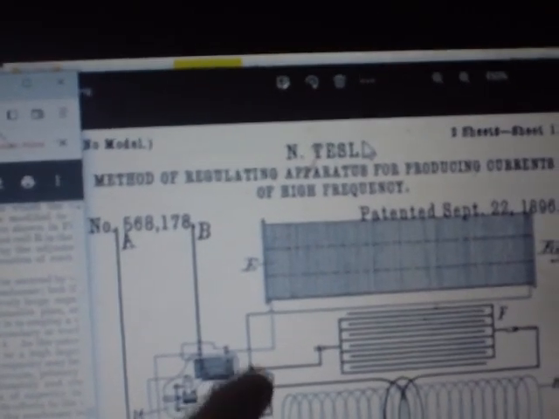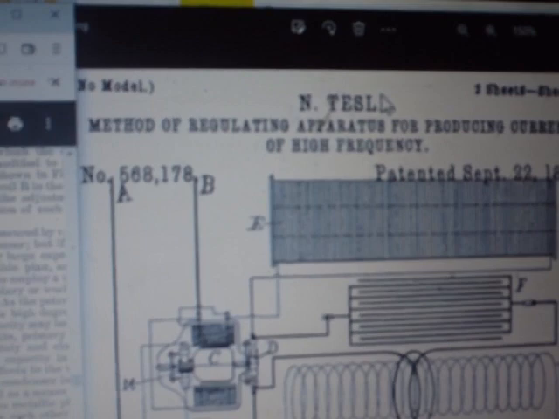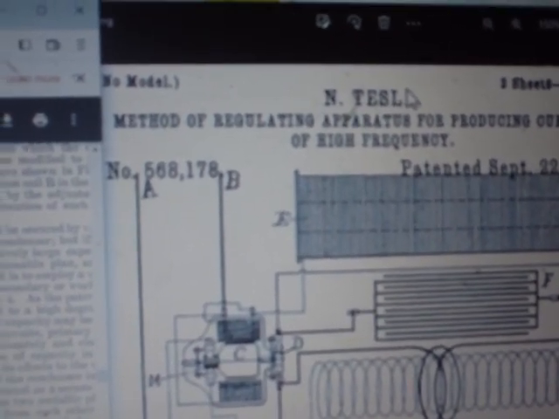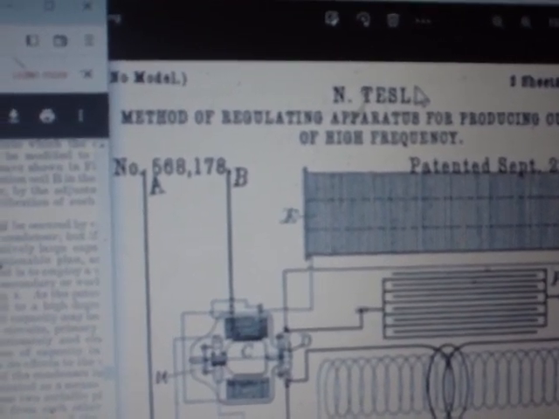So when the circuit controller does that, it makes this connection with the condenser.